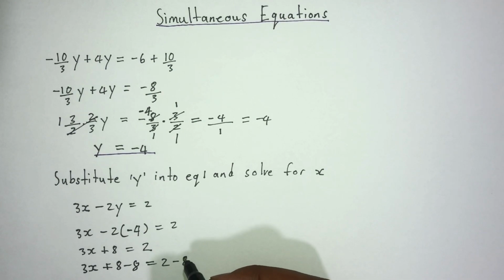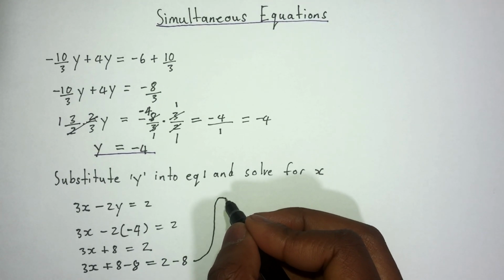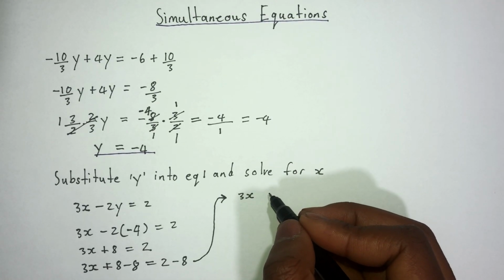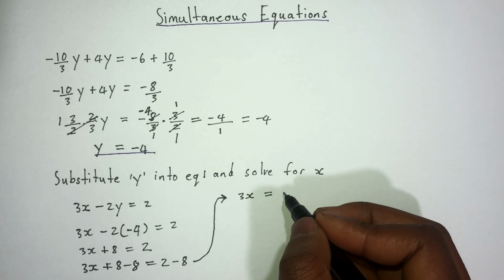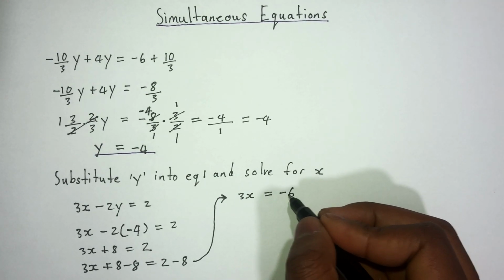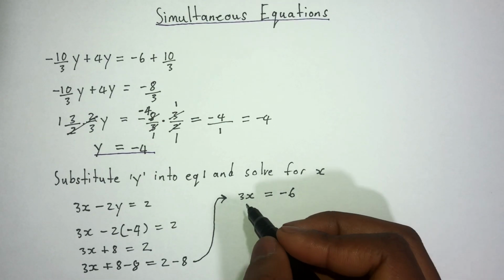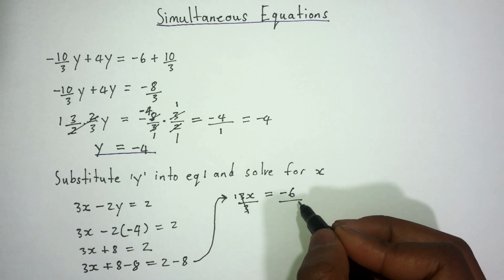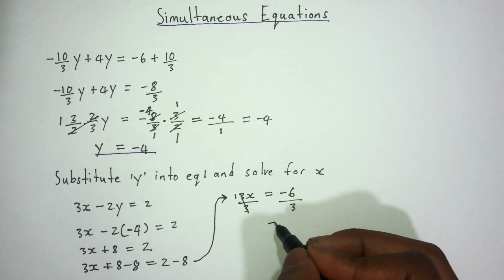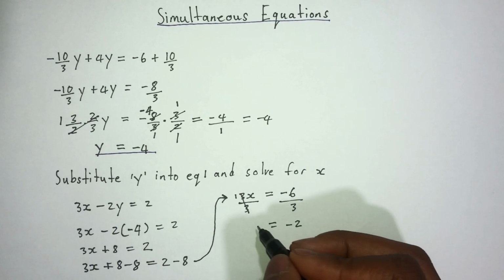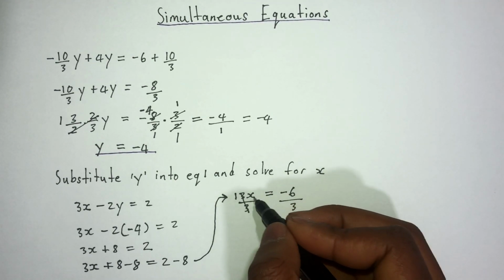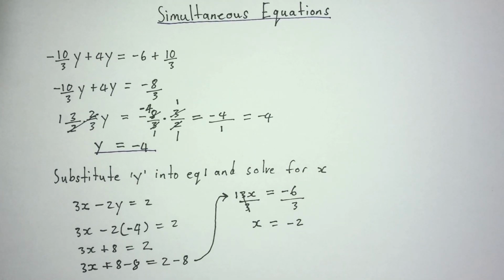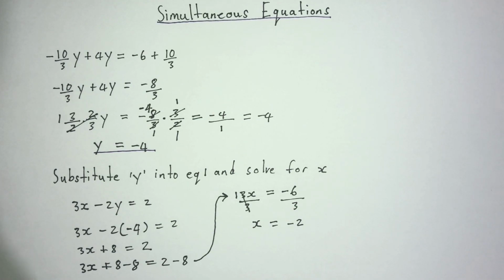So minus 8. This leaves us with 3x equals negative 6. 3 into 3 goes one time. 3 into negative 6 gives us negative 2. And 1 times x is x. Therefore, our x value is negative 2.